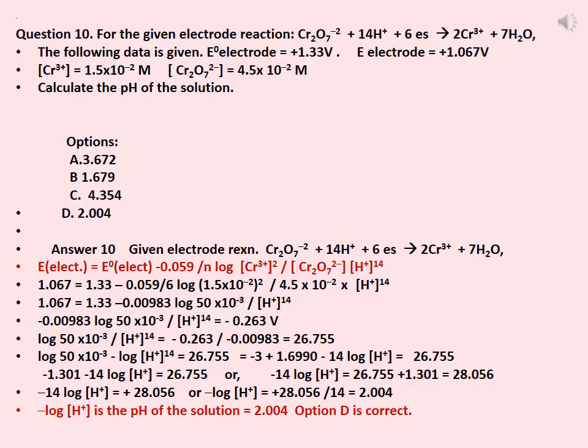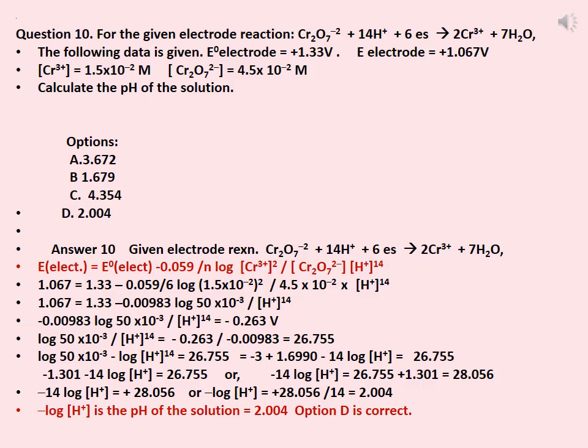Now, minus 14 log H plus is equal to 26.755 plus 1.301. How did we get 1.301? That is log 50 into 10 power minus 3. We have got it as minus 1.301, which when it is brought to the other side, it becomes plus.